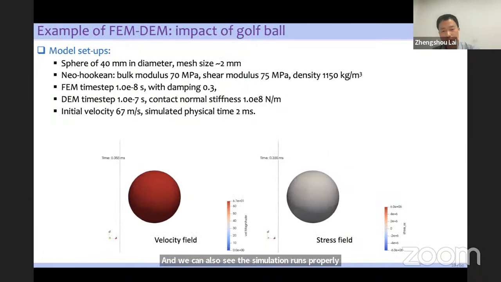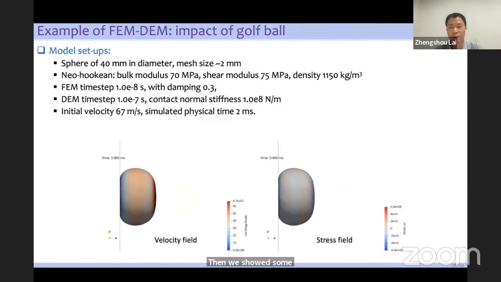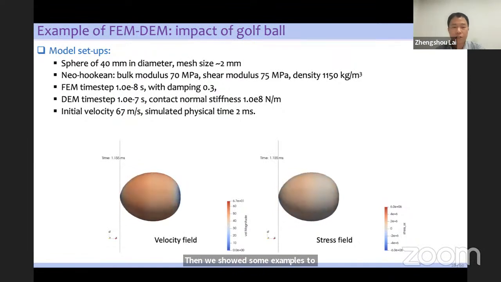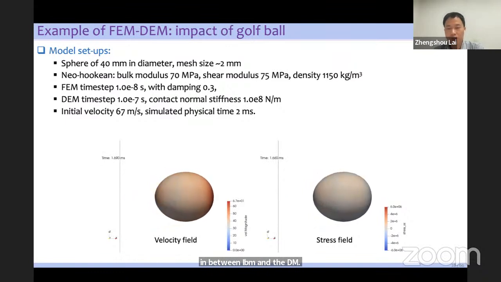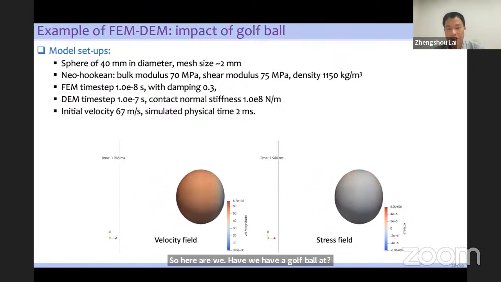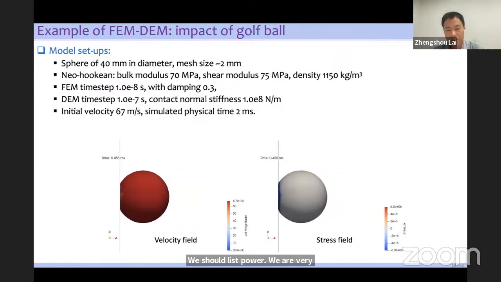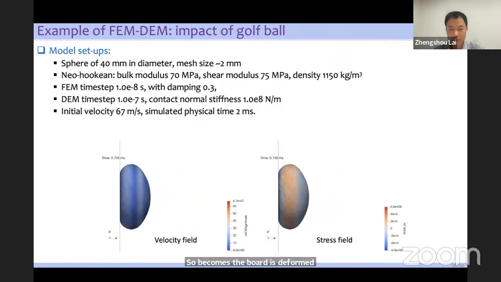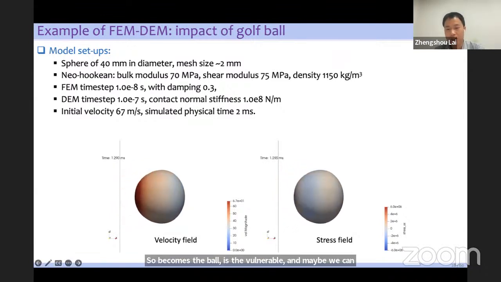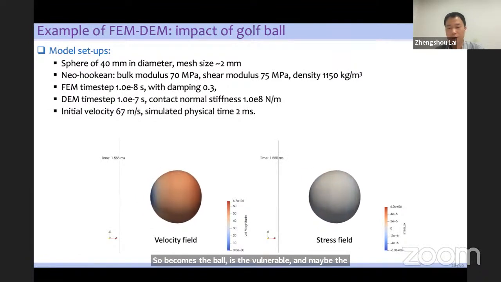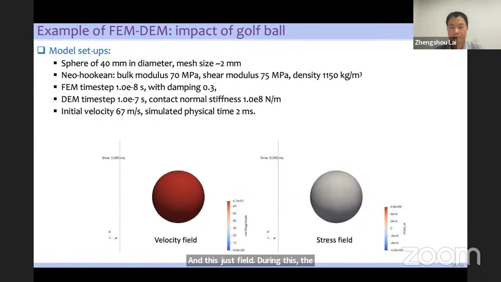Then we show some examples to demonstrate the coupling between FEM and DM. Here we have a golf ball, and we shoot this ball with a very high velocity. It will impact a wall. Because the ball is deformable, we can see the velocity field and the stress field during the impact process.